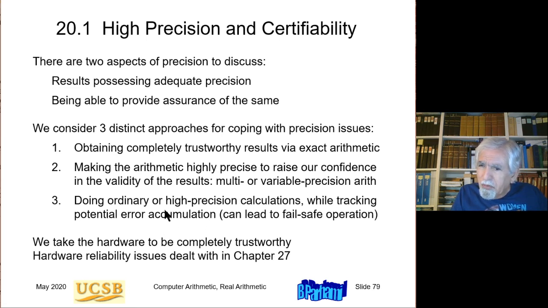And finally, doing ordinary or high precision calculations while tracking potential error accumulations, so that at the end, when you obtain a result, you also have a bound on the error. So you will not be misled by a totally wrong result. If the bound is large, then you don't trust that result, and therefore you ignore it or you redo the calculation.